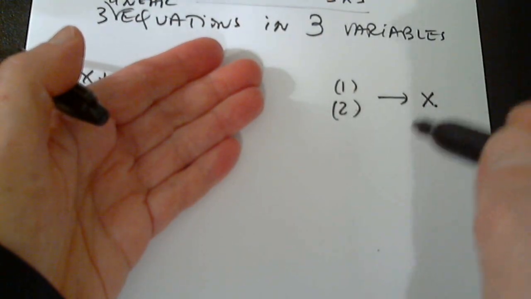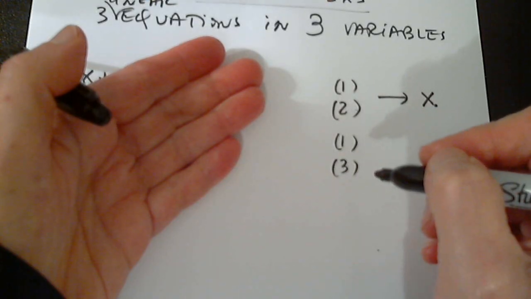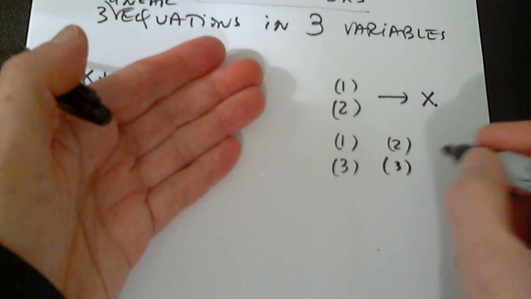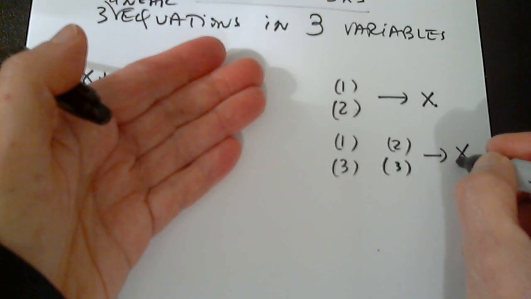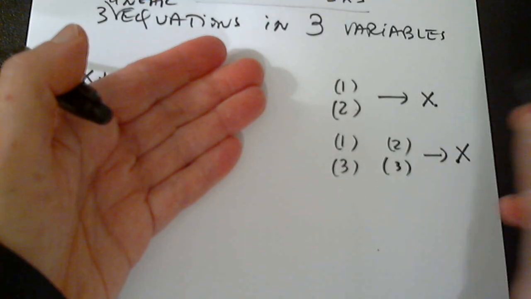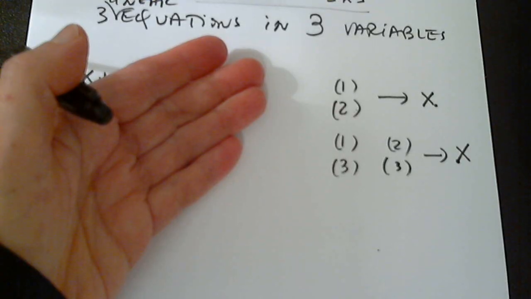And then I have to choose two other equations, either 1 with 3, or 2 with 3, and eliminate the same variable. It must be the same variable. And then I will obtain a system with two variables. Which variables? In this case, y and z.